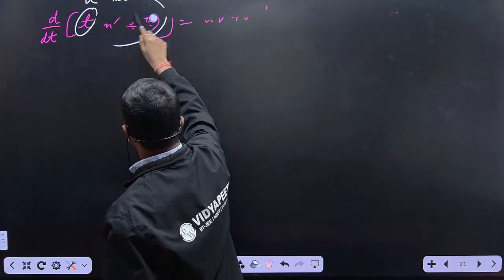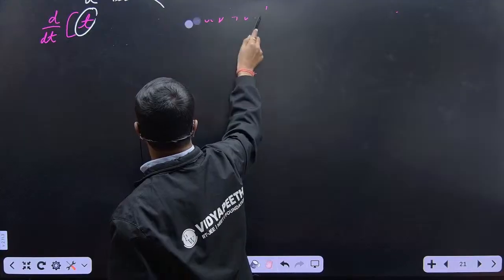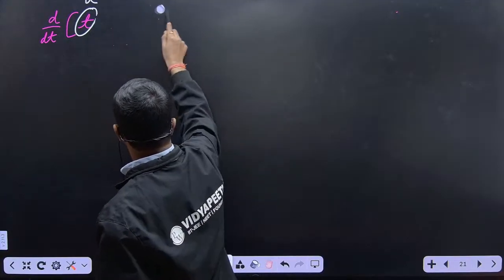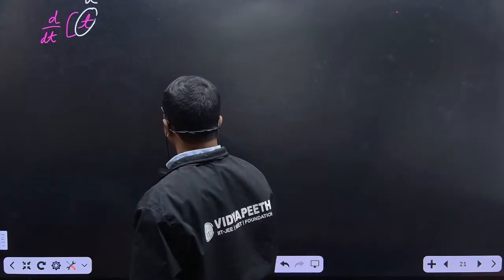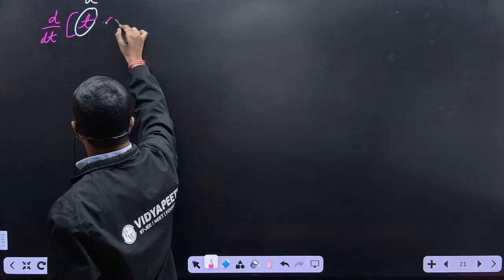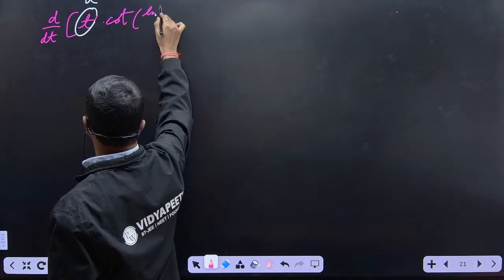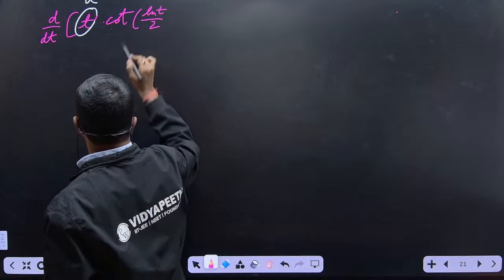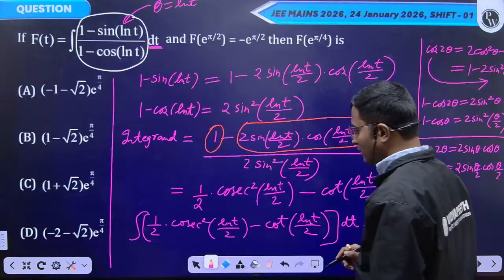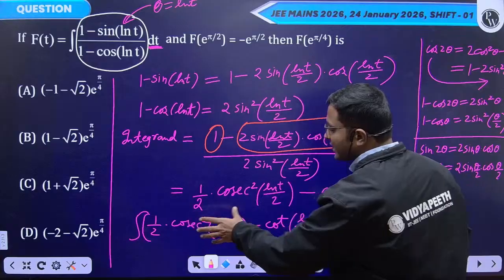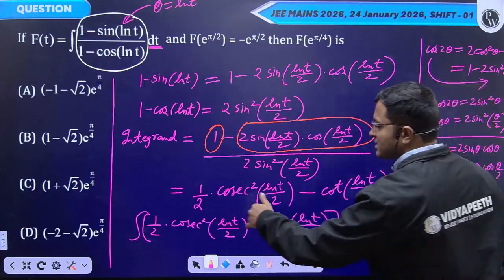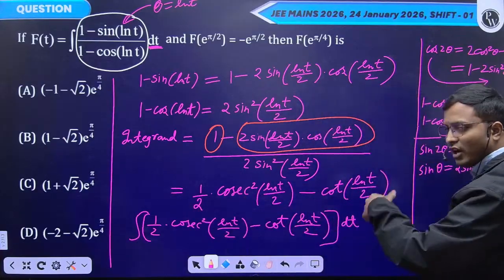Here we need to make a slight modification. V we have to write as cot of ln t by 2, because ln is inside the trigonometric function, the logarithmic is inside the trigonometric function, so we'll follow the same order.